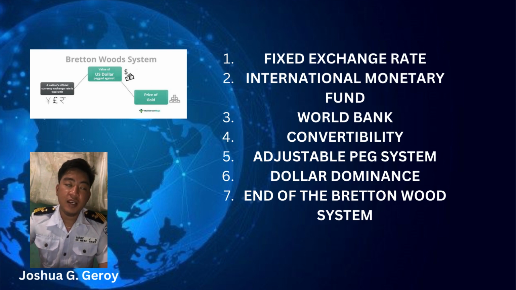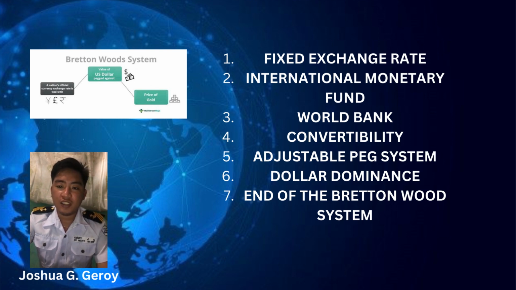Second, we have the so-called International Monetary Fund or IMF. The conference also led to the creation of the International Monetary Fund, whose primary purpose was to promote exchange rate stability, provide financial assistance to member countries facing balance of payments problems, and facilitate international monetary cooperation.